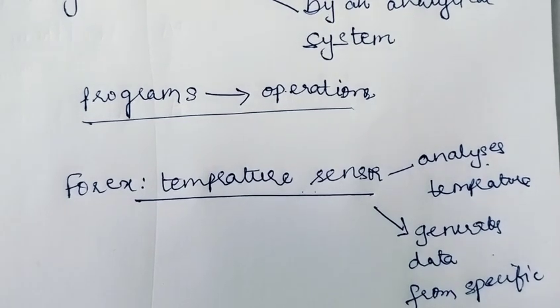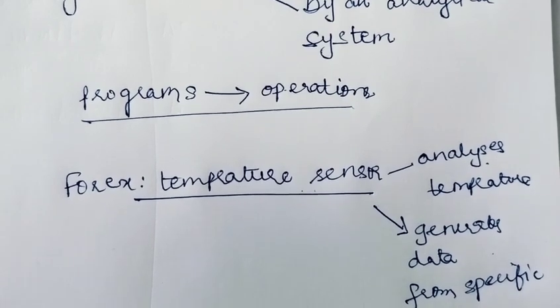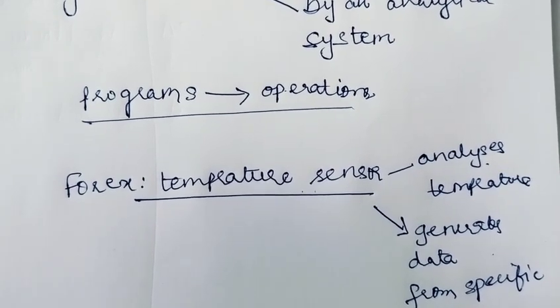All digital thermometers have temperature sensors. They sense the temperature of the human body. So when you use a digital thermometer, the sensor senses the temperature of your body, then it analyzes it, and then it generates it in a form that can be read by a human.